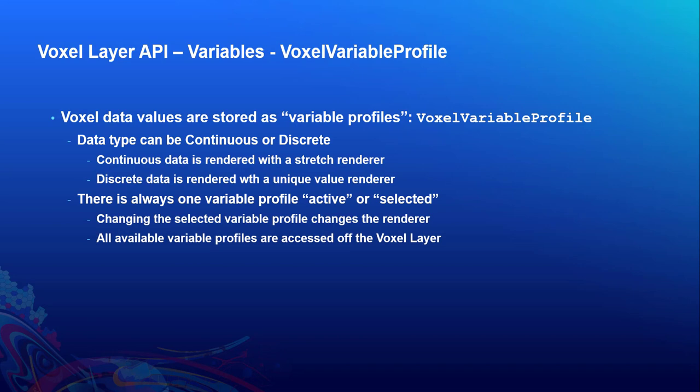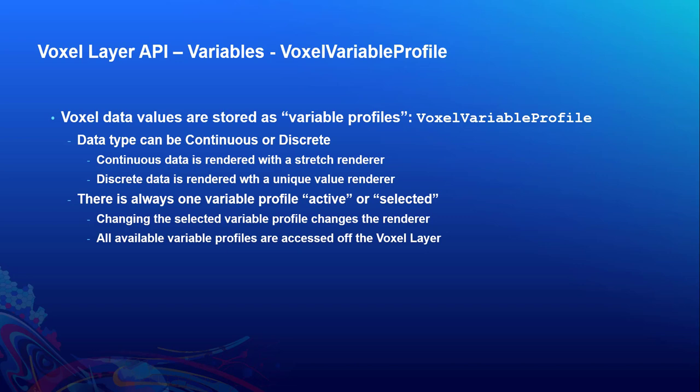Voxels can have multiple data values associated with them, and they are stored as variable profiles, more specifically as voxel variable profiles. Their data type can be either continuous or discrete. If it's continuous, it will be rendered with a stretch renderer. If the data value is discrete, it will be rendered with a unique value renderer.